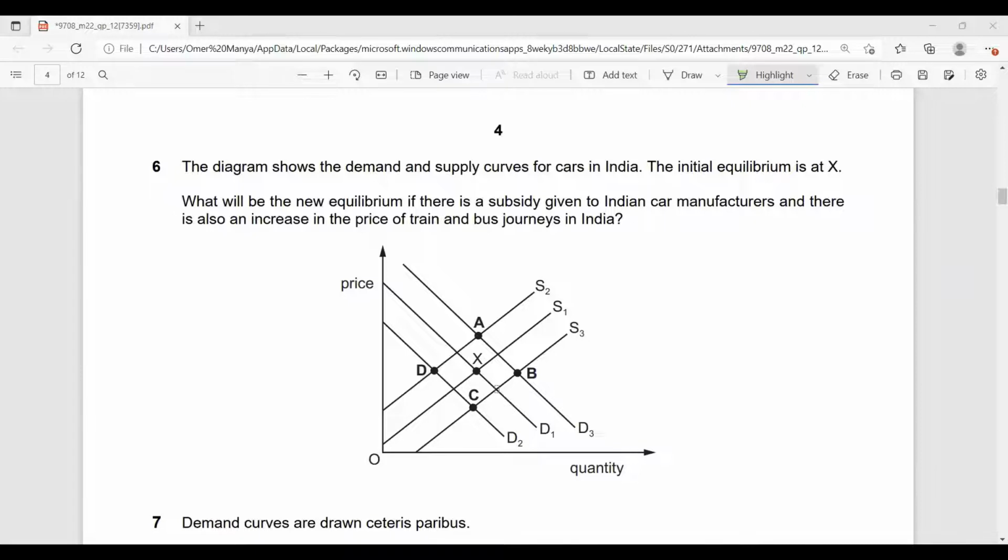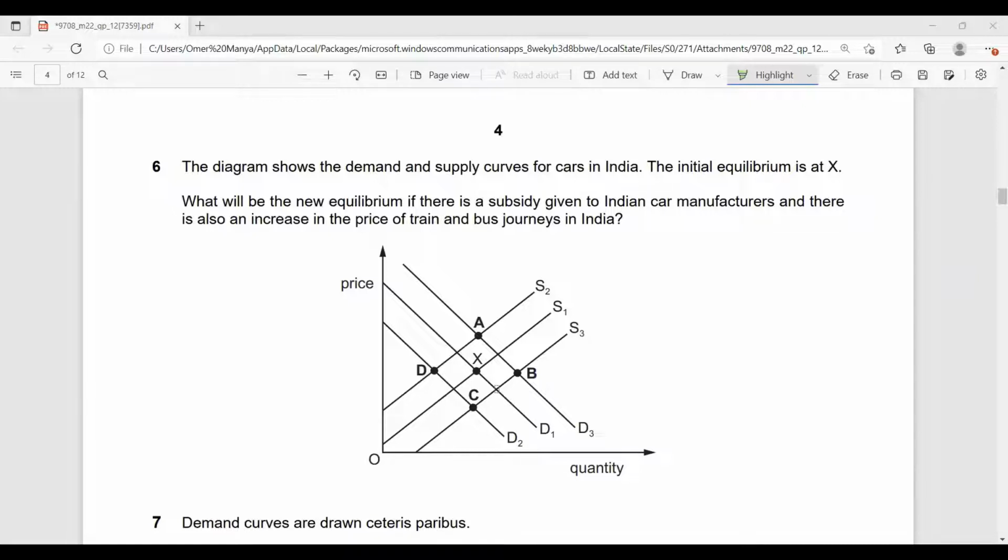The next information that has been presented is that there has been an increase in the price of train and bus journeys. What is the relationship between train and bus journeys and cars in India? I consider them to be substitutes. If you have a journey to take, either you will take the bus or the train, or you will travel in your own car.